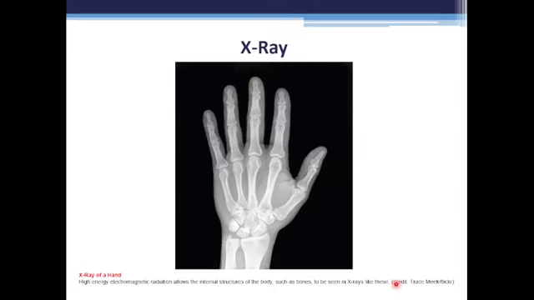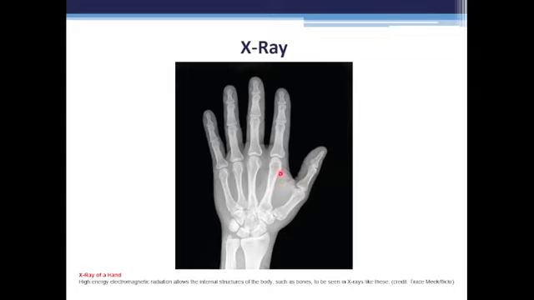Then the high energy electromagnetic radiation is captured, and it produces this image. As you can see, the radiation is slightly blocked by the soft tissue. This is the soft tissue of the hand. You can even see the textures of the palm here.